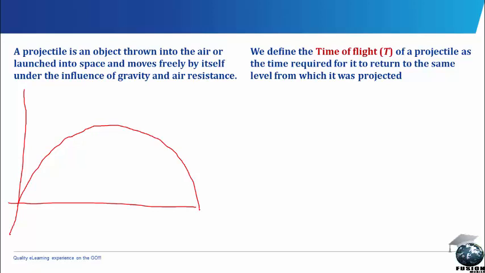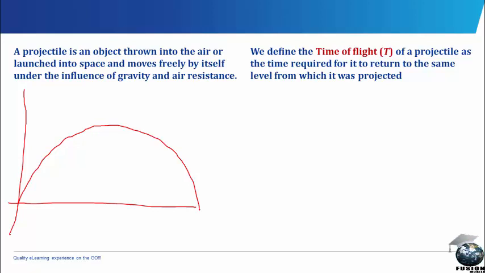This is the movement of a projectile, and we'll say that it moves in a parabolic path. Parabolic here simply means something like a circular form, but it's not a complete circle. Looking at the diagram, you can see it's about half a circle.